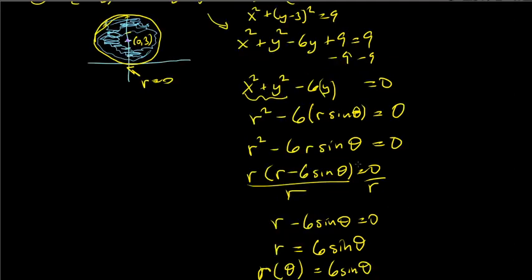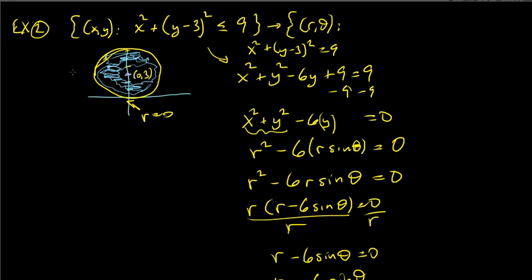So that's the circle, right? That's the boundary here. r equals 6 sine theta. But what about the inside of the disk now? Well, notice that r is the distance from the origin. So that's this distance.